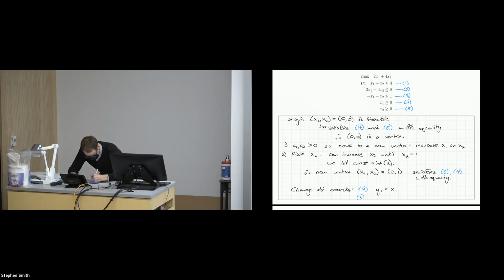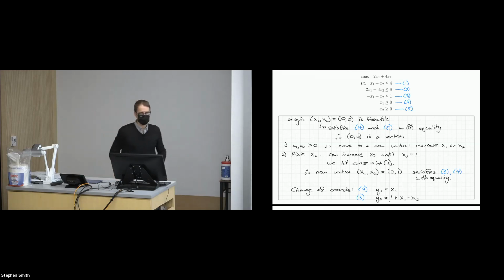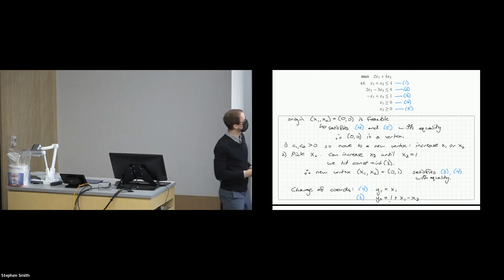And then from constraint 3, I get y2 equals 1 plus x1 minus x2. For this one, this is the right-hand side of constraint 3, minus the left-hand side of constraint 3.